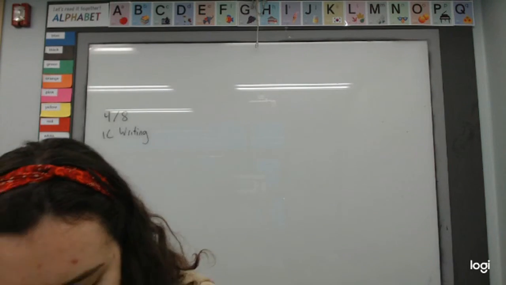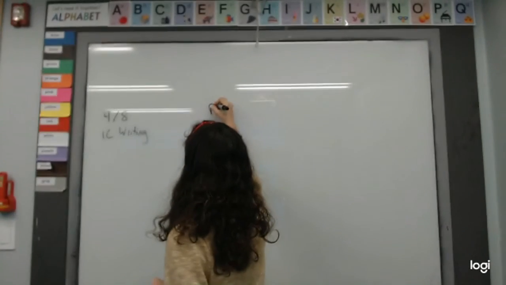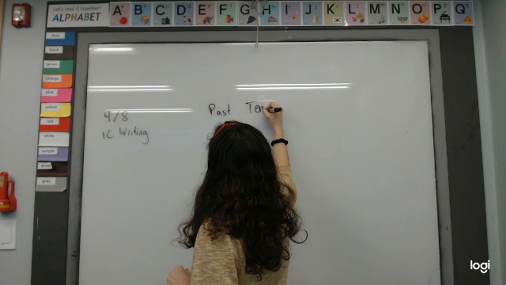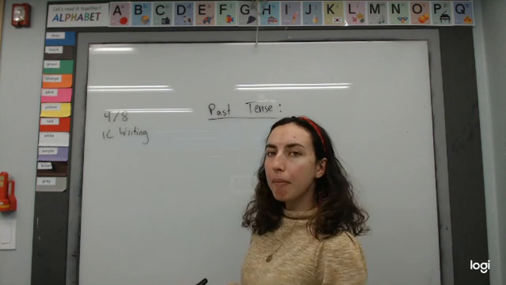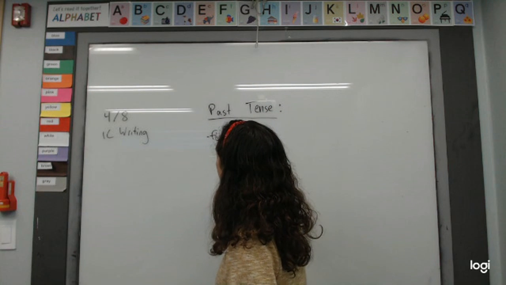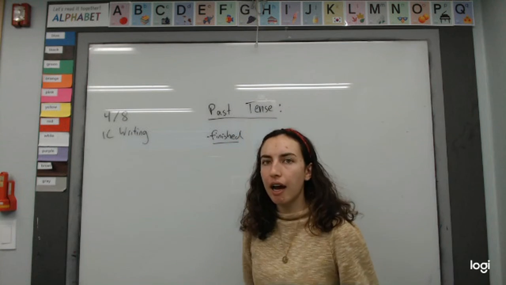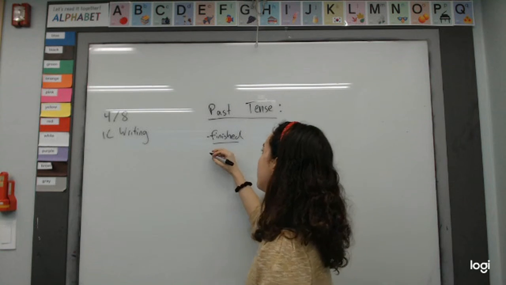Okay, so what we are going to be talking about today is past tense. We talked about past tense in the last lesson too. If you remember, we use past tense to talk about actions that are already finished. We are not doing them now, it is finished. You stopped, it is completed, done, finished.